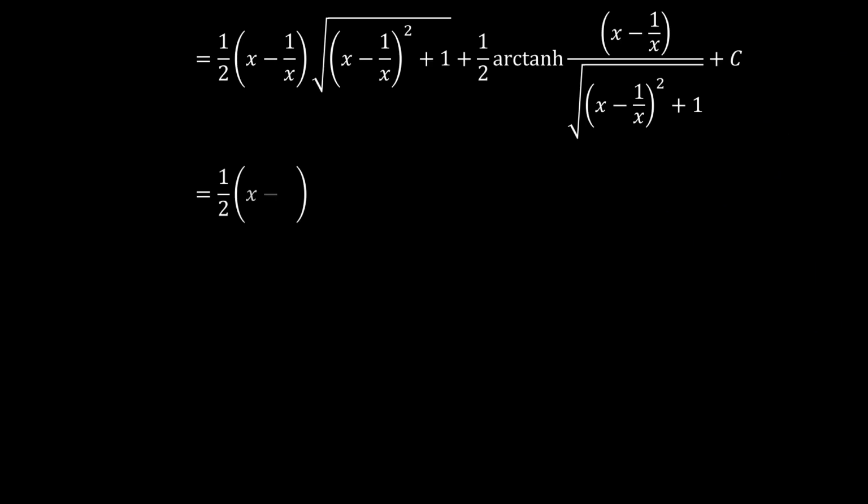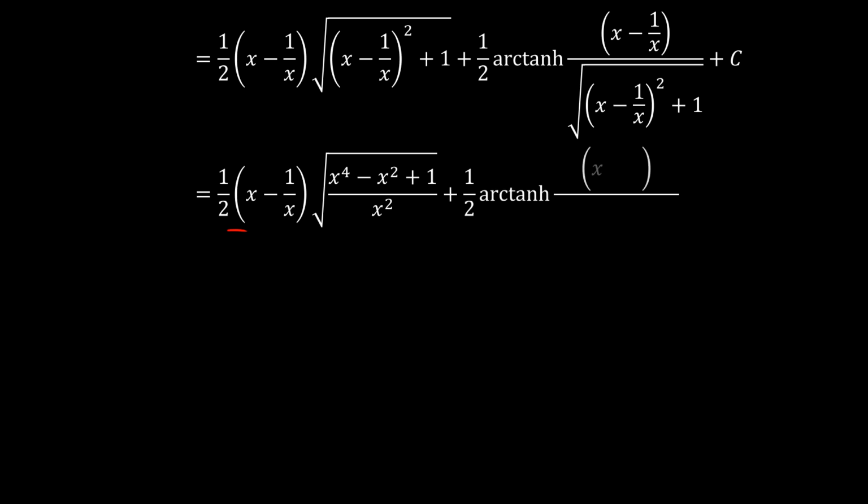All right. So we have half x minus 1 over x, and then when you square everything, we get x to the power 4 minus x squared plus 1 over x squared, half arctanh of x minus 1 over x, x to the power 4, and then we get the square root of this x squared, and it goes up.